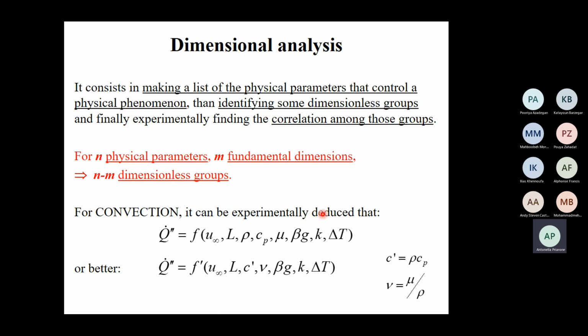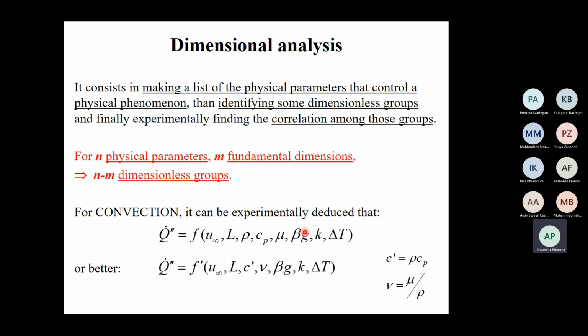Which are the parameters that influence the convection? Okay. The heat flux depends on the undisturbed velocity of a fluid, obviously, that moves inside my system. It depends on the characteristic length of the phenomenon, the density, the specific heat capacity, the dynamic viscosity.